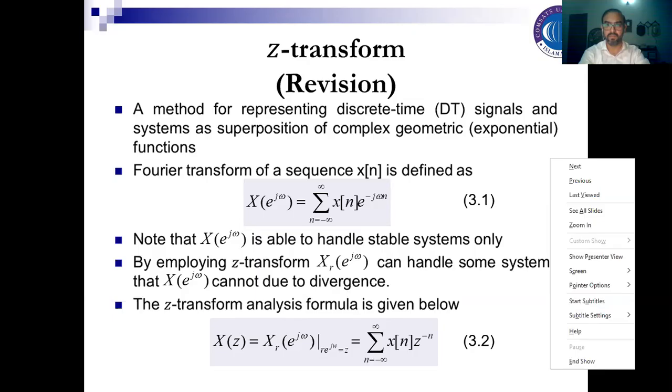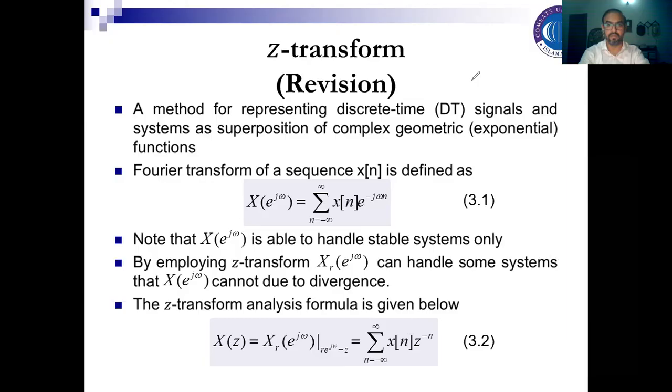Let me annotate. So in case of the discrete time Fourier transform, X of e raised to power j omega is able to handle stable systems only. So this is important.